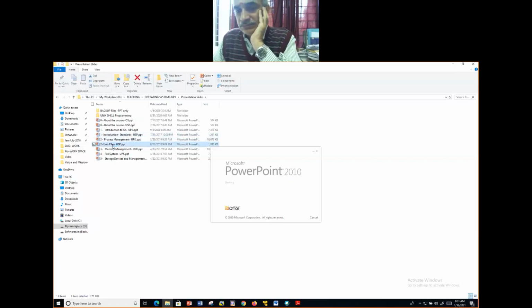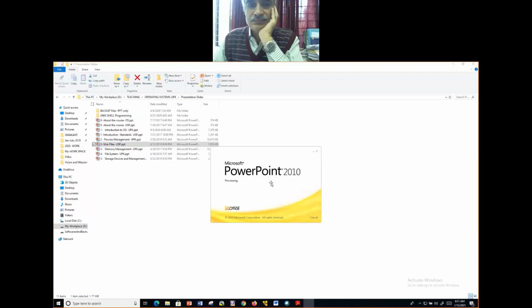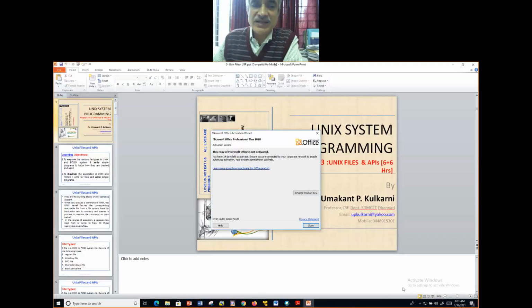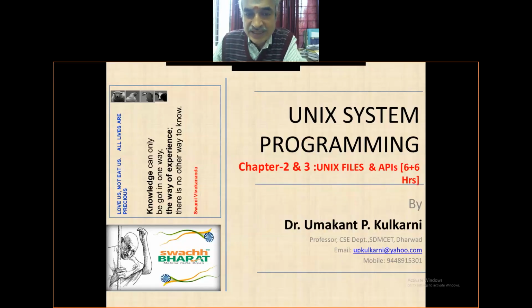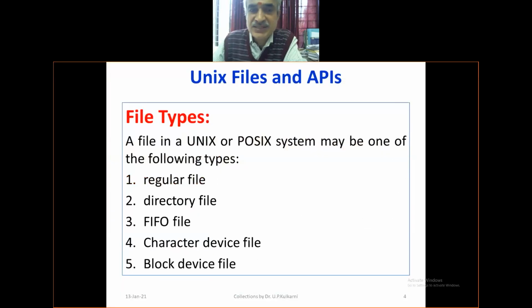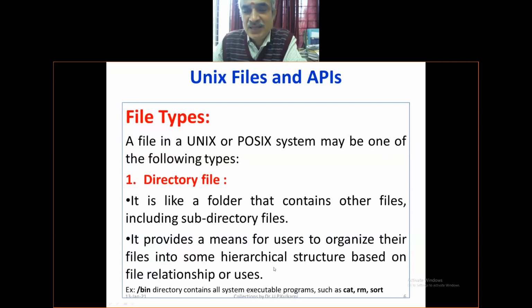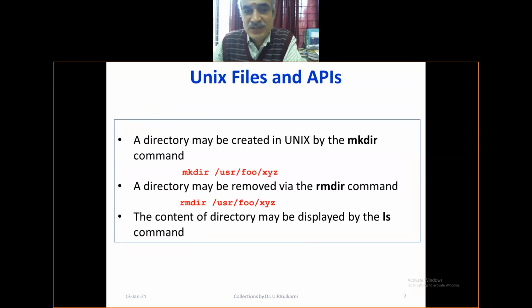Let me take you to Unix files. When I talk about files, we have different types of files: regular file, directory file, FIFO file, character device file, block device files, etc. Leave it.